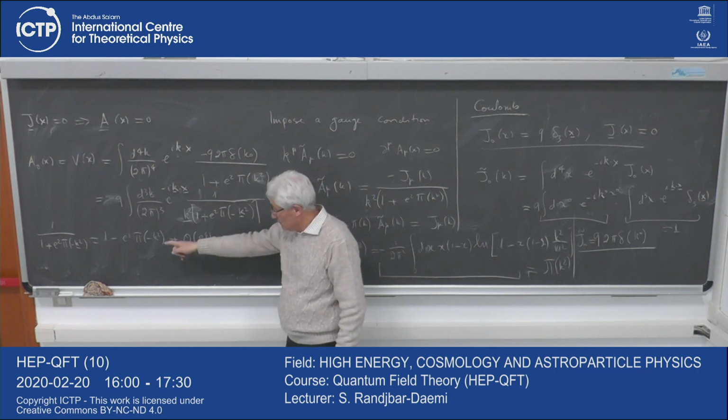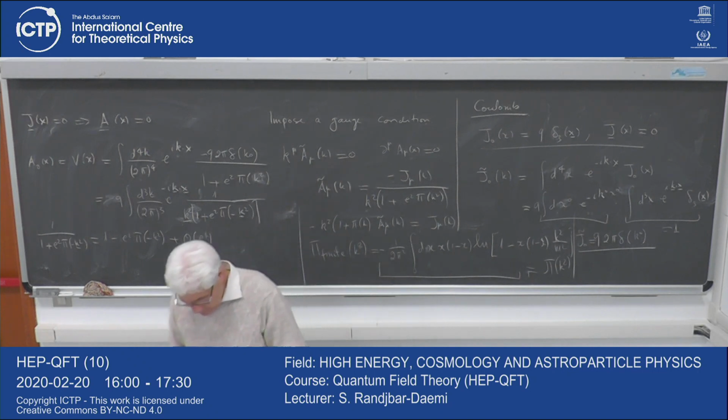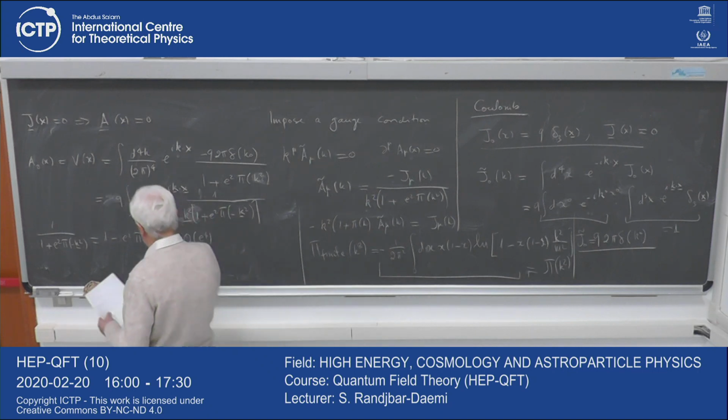But for the time being, we will just go on up to the order of one loop. I will come back to it and make another important comment about it later on. So let's make the substitutions and see what we get.